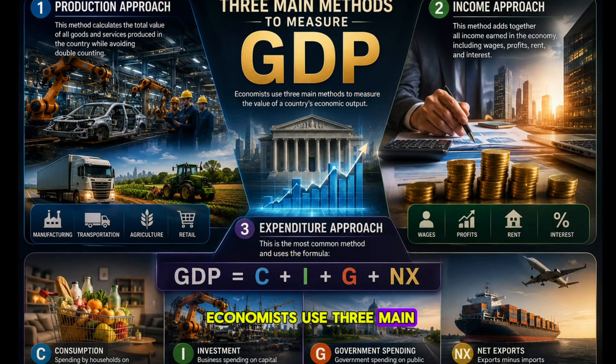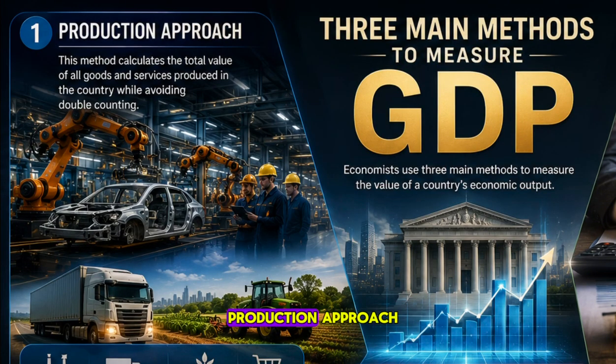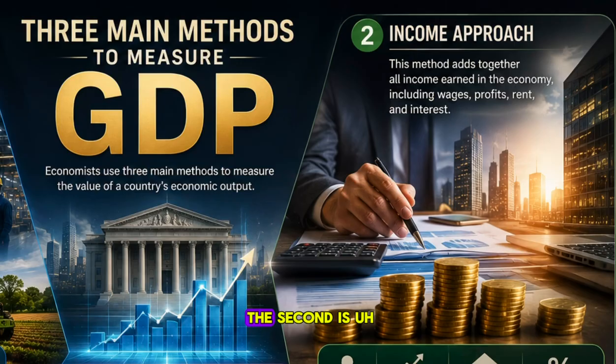Economists use three main methods to measure GDP. The first is the production approach. This method calculates the total value of all goods and services produced in the country while avoiding double counting. The second is the income approach. This method adds together all income earned in the economy, including wages, profits, rent, and interest.